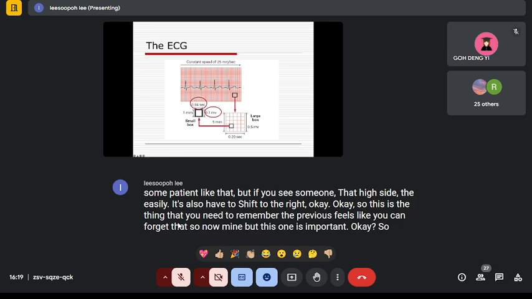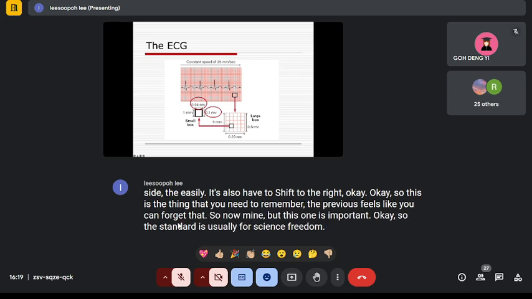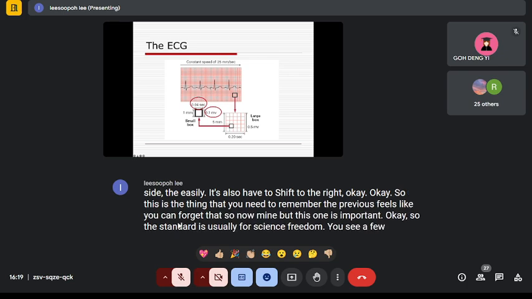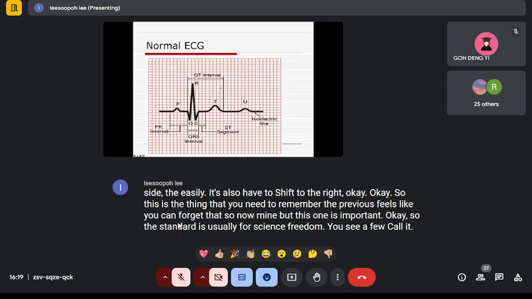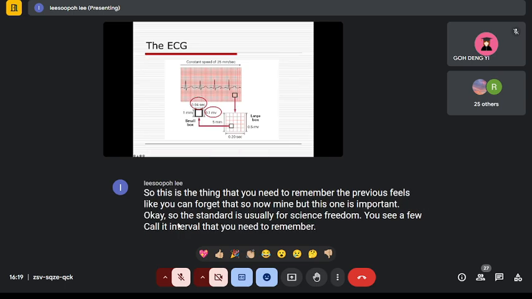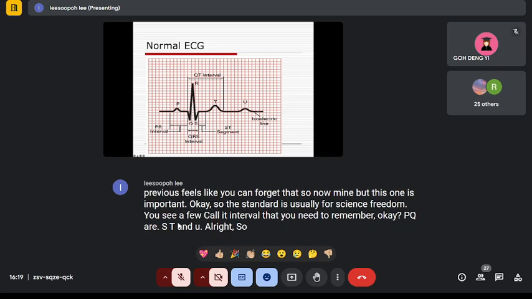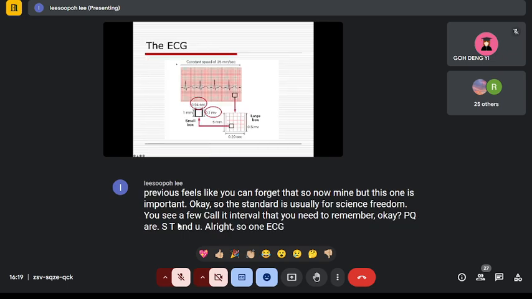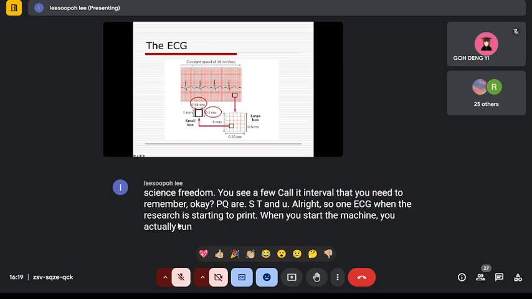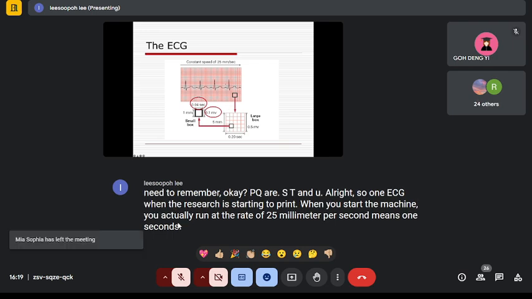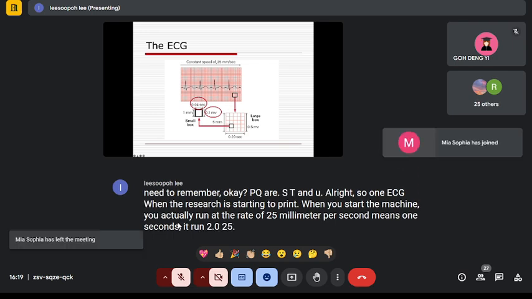The standard ECG for sinus rhythm has a few waves and intervals that you need to remember: P, Q, R, S, T, and U. When you start the machine, the ECG prints at a rate of 25 millimeters per second, meaning in 1 second it runs 25 millimeters.